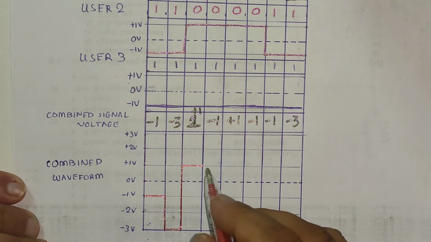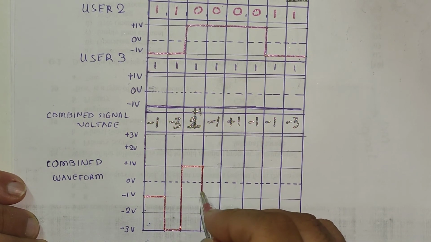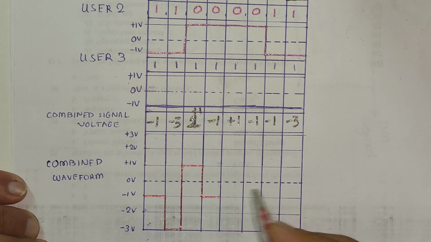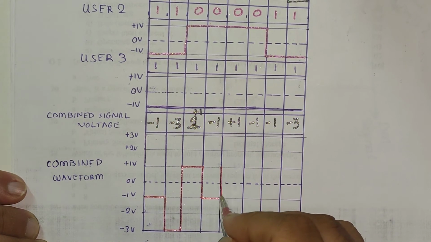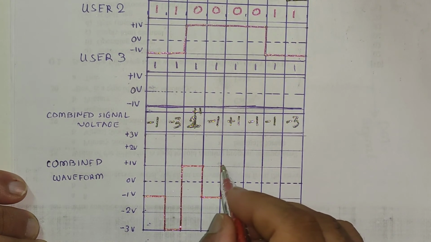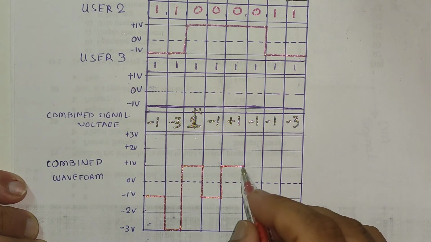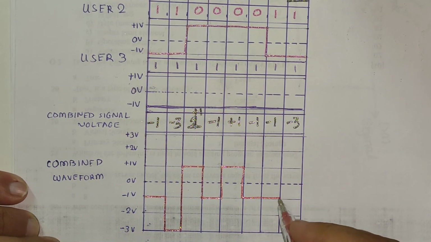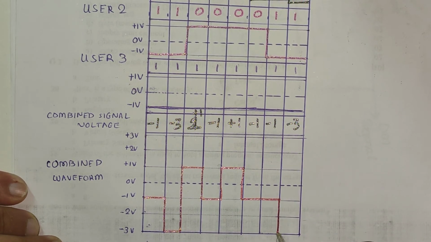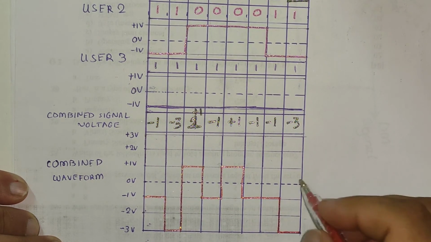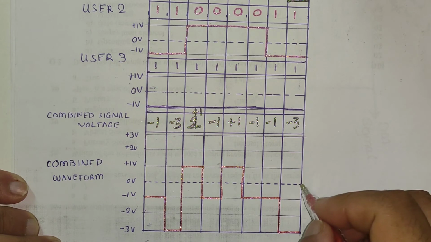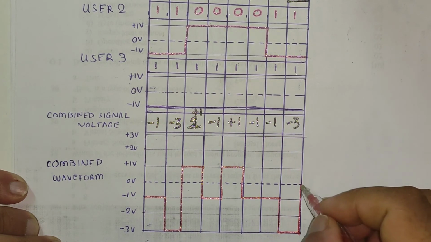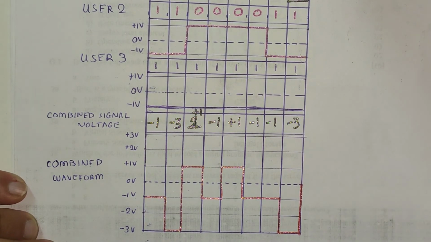Then we are having -1, so we'll go back to -1. Then again +1. Alright. Then -1. Then 2 times -1, and then at the end you'll be having -3. Fine. So this is how my overall waveform is going to look like.